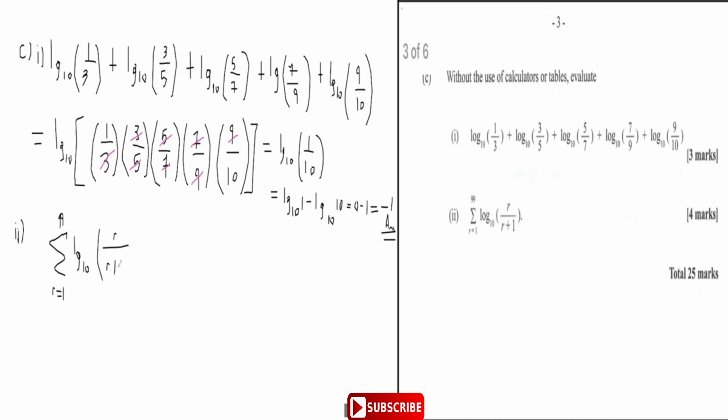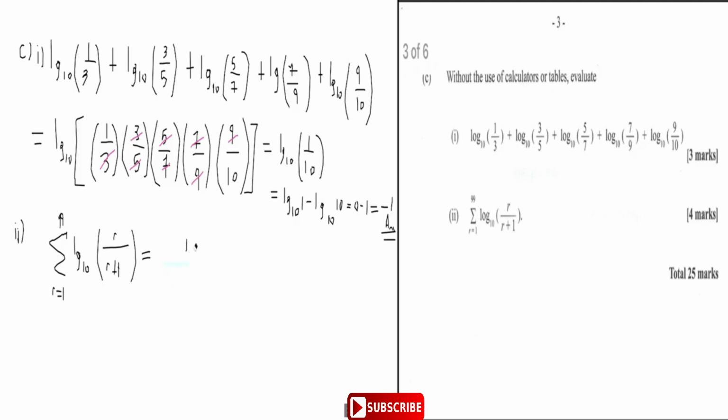To do this, the best way to do these type of questions is, of course, to evaluate it. So you're going to plug in when r is 1. You notice that when r is 1, you're going to get 1 over 1 plus 1 is 2. Plus when r is 2, you're going to get 2 over 3. Oh, I forgot to write log. My apologies.